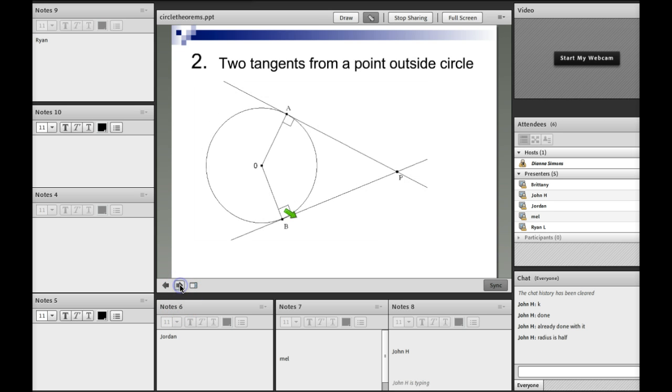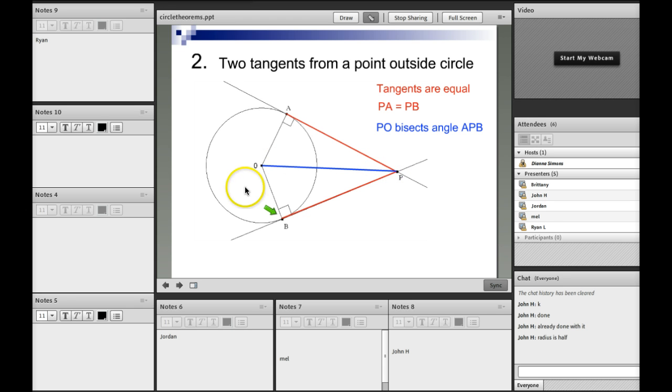Okay. So, two tangents from a point outside the circle, 90 and 90, all right? Make sense? Are we good? Okay. Tangents are equal, so PA is equal to PB, those lines are the same, and PO bisects this angle APB.